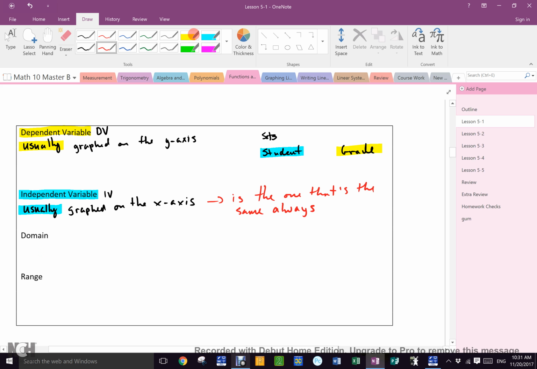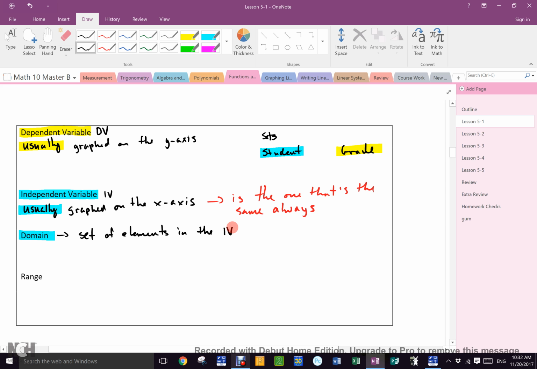It's a new word. The domain, please notice I've highlighted it in blue. So the domain relates to which one? Independent or dependent variable? Independent. The domain is the set of elements in the independent variable.